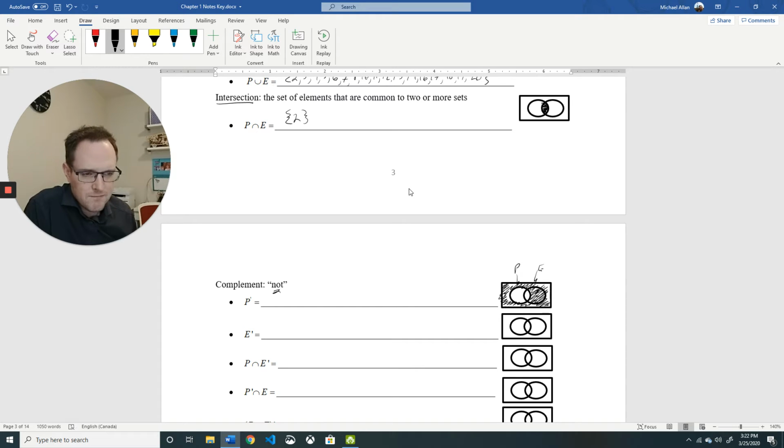So that's part of the evens. It doesn't include this part of the evens because that part is part of my prime numbers. So this 2 that's sitting here is inside this little circle. So that 2 is a prime, so that's not going to be included in my set. What's actually included in my set is everything that's not prime.